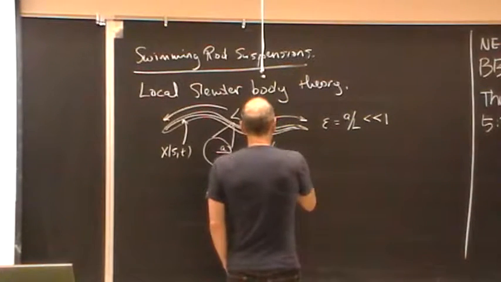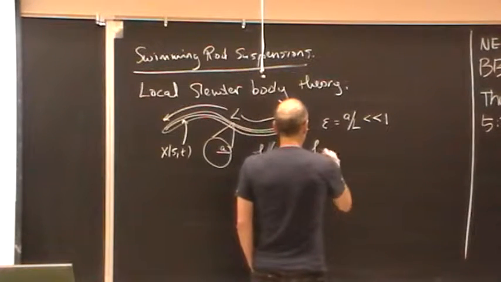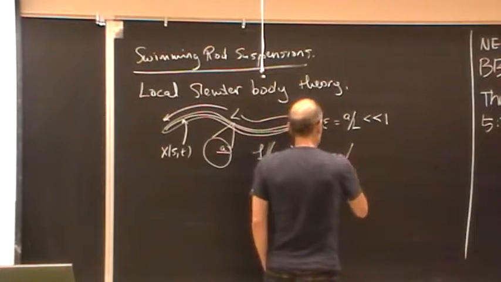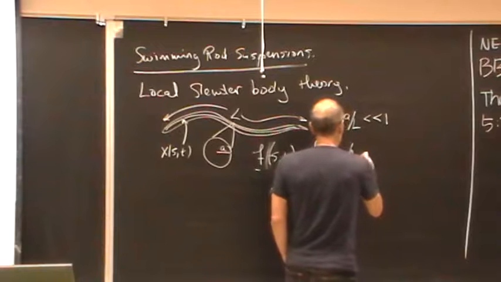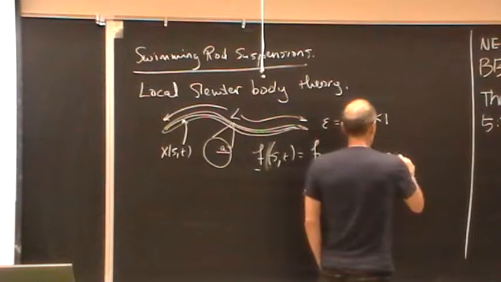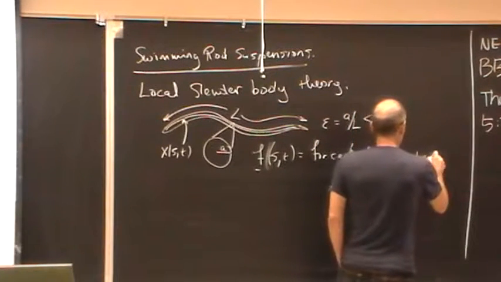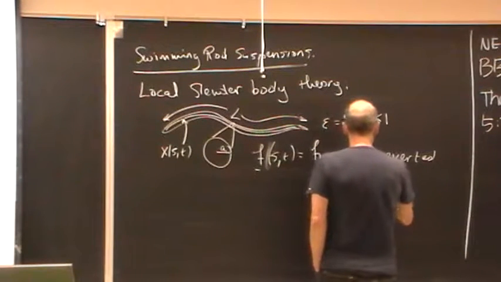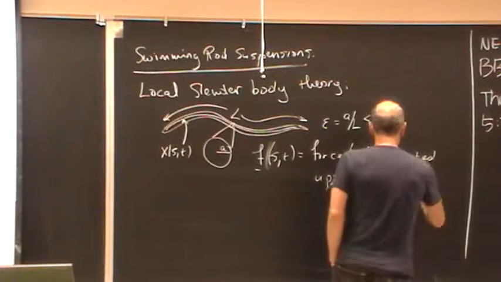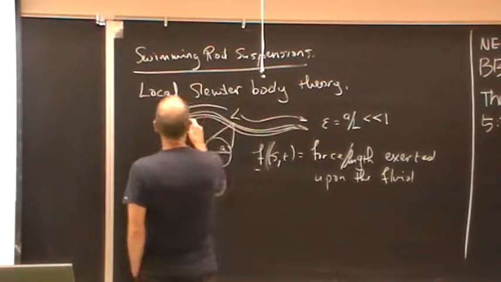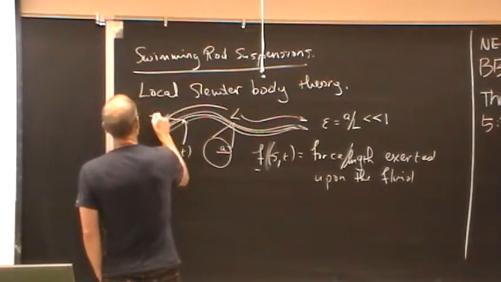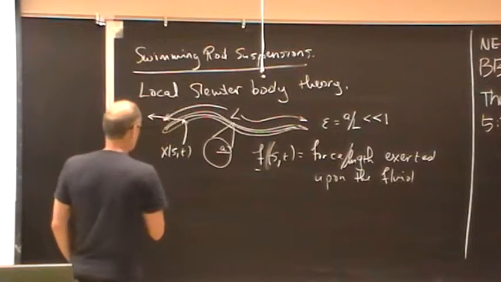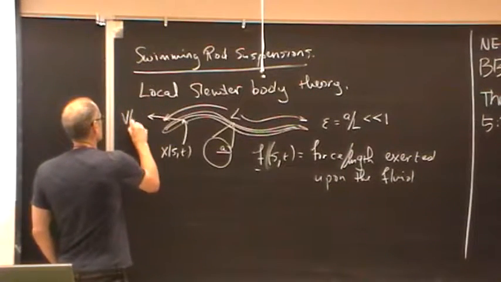And it has some force per unit length exerted upon the fluid. And it also has some surface velocity, which we'll take to be the velocity of the center line, actually. But let's call that V(s,t).